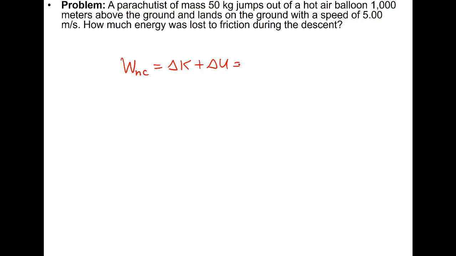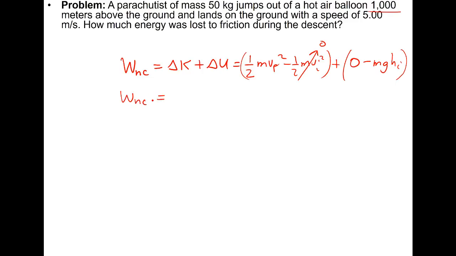Now the change in kinetic is going to be 1/2 m v final squared minus 1/2 m v initial squared, and we just have to assume that v initial is 0. Then delta U is going to be U final, which is 0, minus mgh initial, which is 1,000 meters. So then we can plug and chug this out.